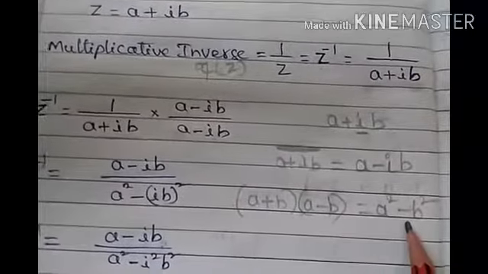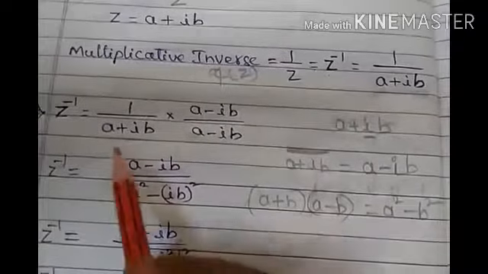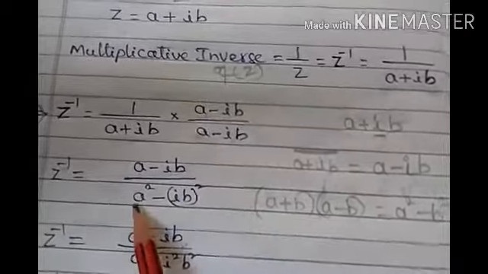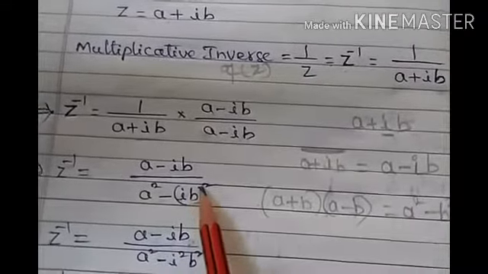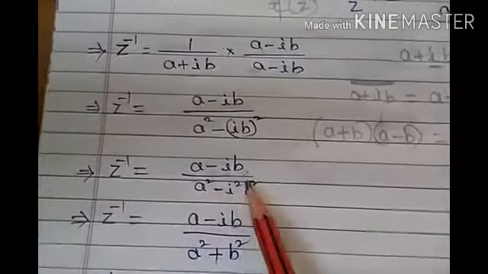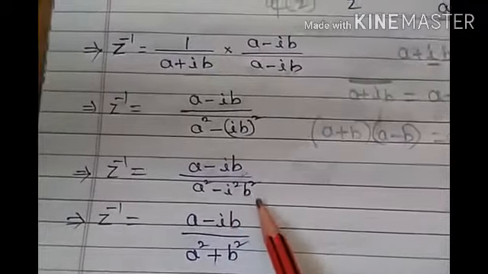By using this algebraic identity, you can multiply a plus ib into a minus ib as a square minus ib whole square, which implies z inverse equals a minus ib by a square minus i square into b square.